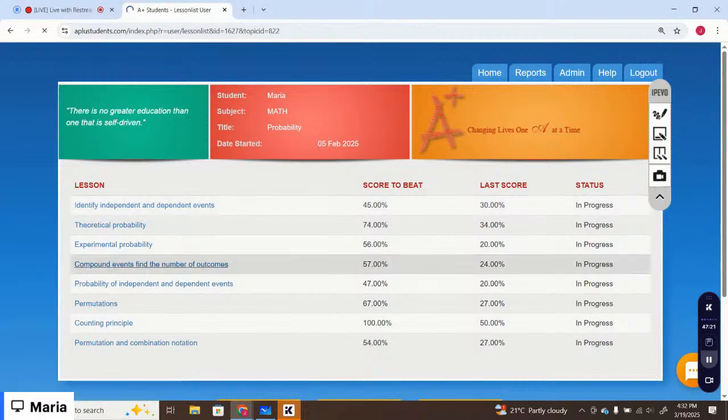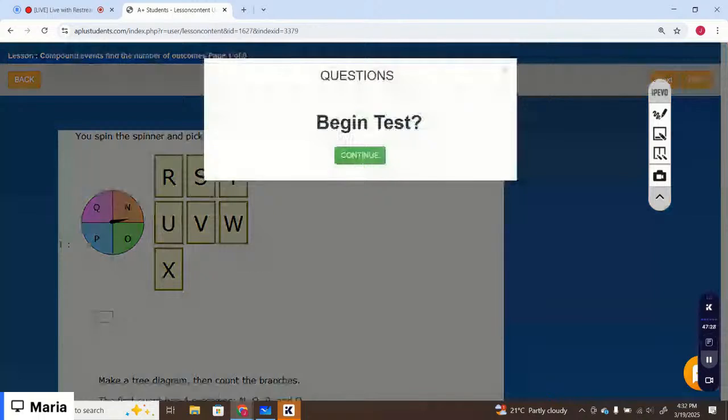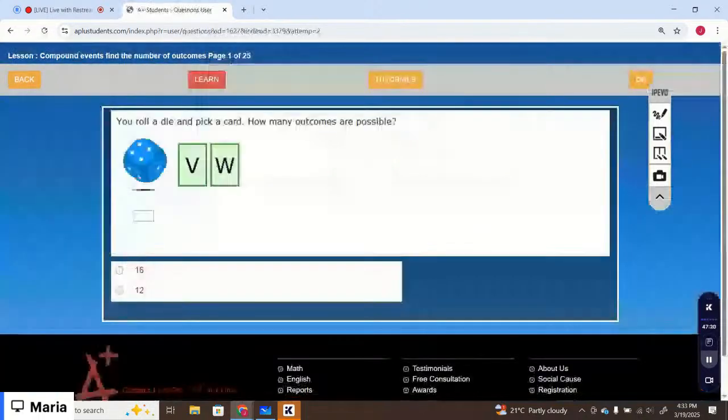Events, outcomes, number of outcomes. When you have more than one event, they are known as compound events. We need to find the outcomes of the compound events. So you have to multiply the outcomes of both the events to find the outcome of the compound event. For example, here you are given two events.